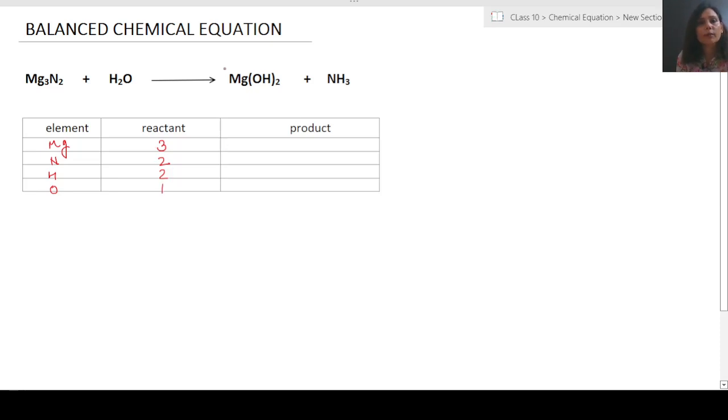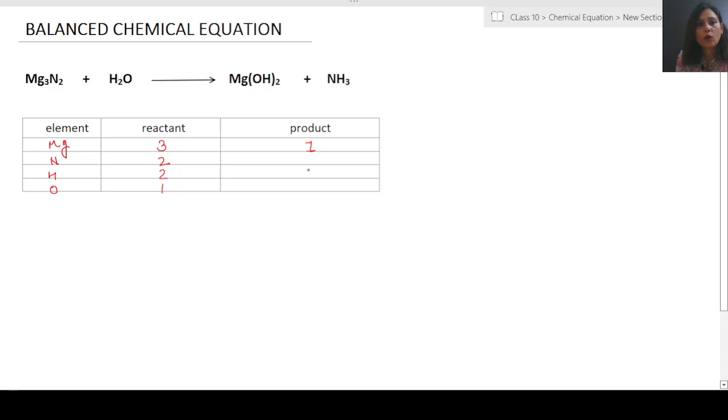Right, now coming to the product side, at the foot of Mg nothing is mentioned, so Mg is 1 here. Now OH is inside the bracket, and outside the bracket the number 2 is mentioned. Okay, this 2 belongs to both O and H. It is whole twice kind of thing. So 2 goes to O also and H also.